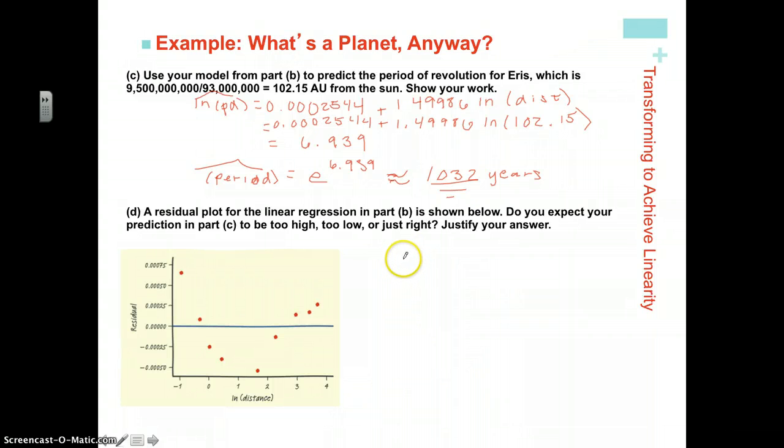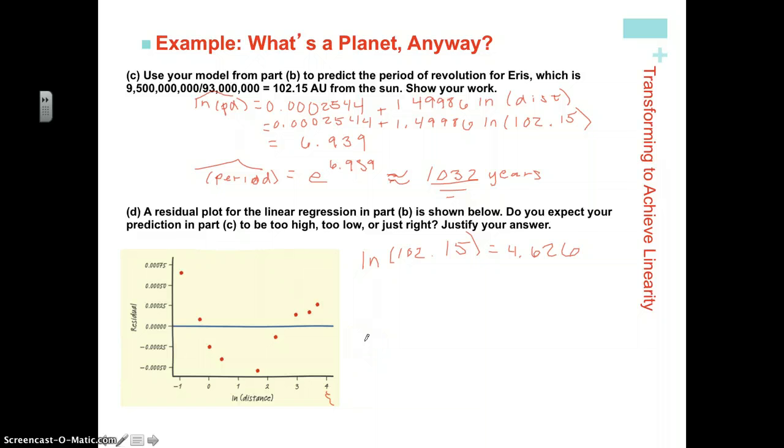Eris's value for the natural log of the distance, the ln of 102.15, would have been 4.626, which would fall at the far right of the residual plot, because it goes up to 4, where all the residuals are positive.